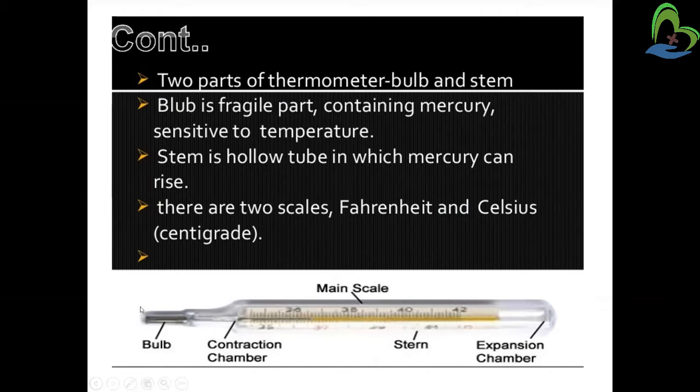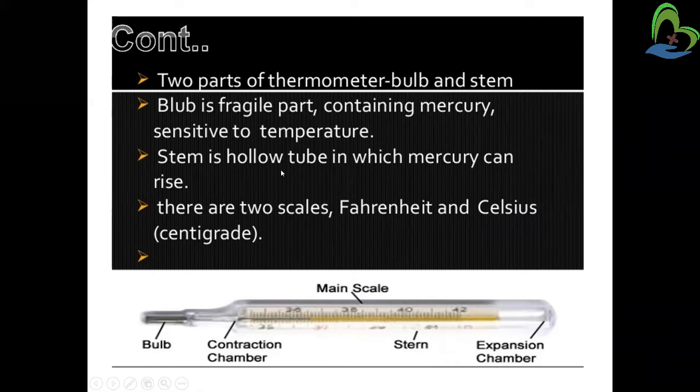The bulb contains the mercury, which is sensitive to temperature. Mercury is very sensitive to temperature, and thus it is used in the thermometer to check the temperature in an accurate form.